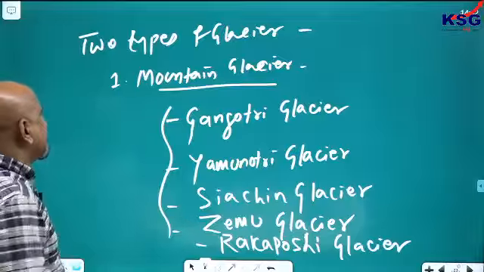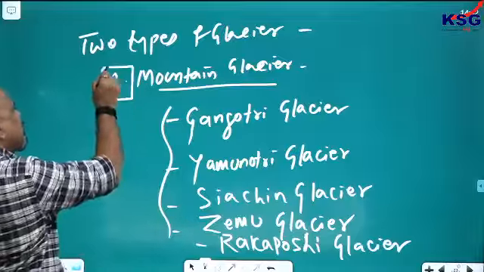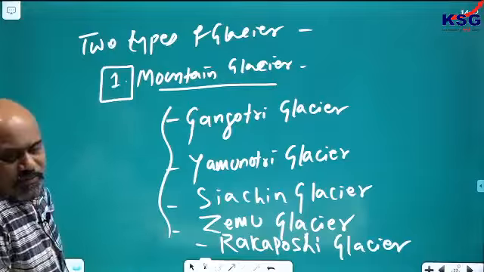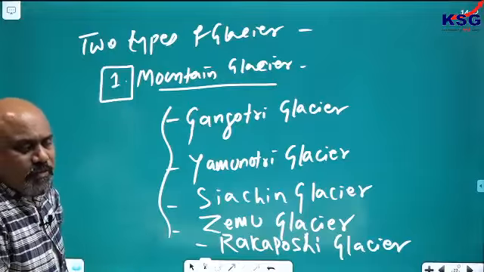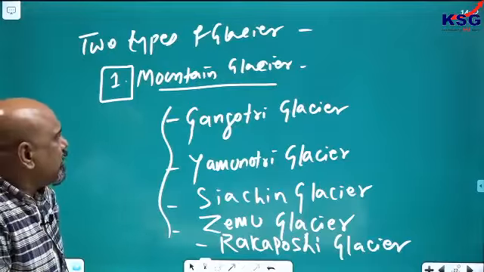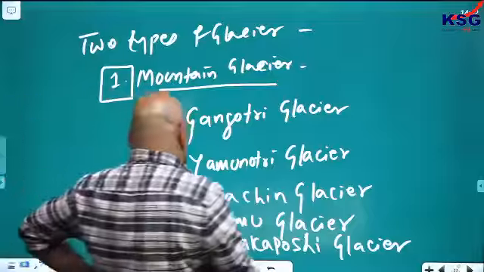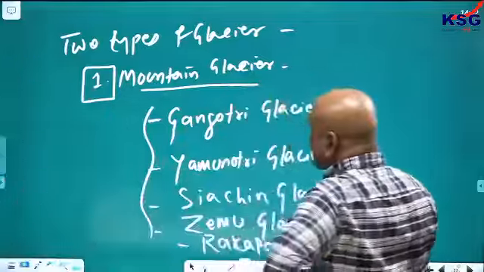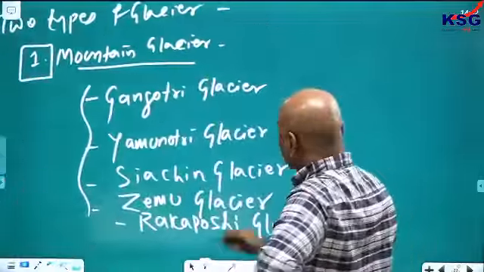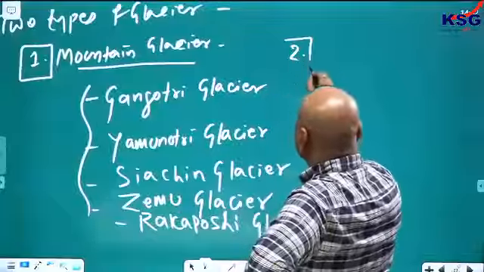So many glaciers you have, and all these are mountain glaciers. You will find them on the mountain top. There are also continental glaciers. The second type of glacier is the continental glacier.